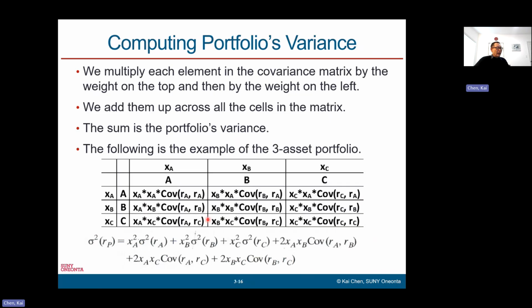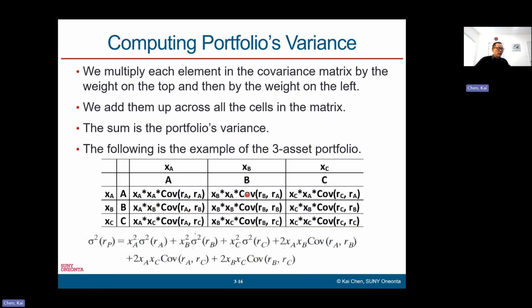And then for this cell, it is XB squared times the variance of asset B. And in this cell, that is the variance of asset C times the weight of asset C squared, right? And we know the value in this cell and in this cell should be the same, right?